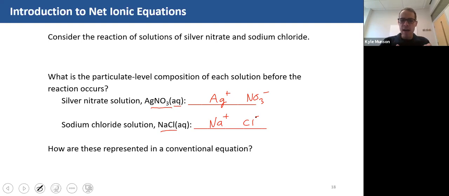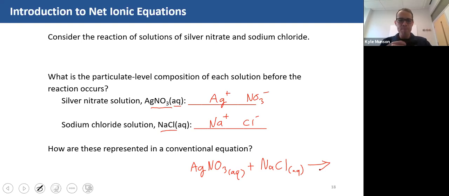But the question is, how are these represented in a conventional equation, which is what we've been using so far when we were doing things like single replacement reactions and double replacement reactions. Well, we might write it like this in a conventional equation, right? We'd have silver nitrate plus sodium chloride, and then we'd write the products.